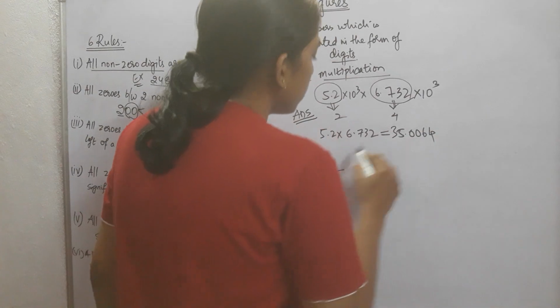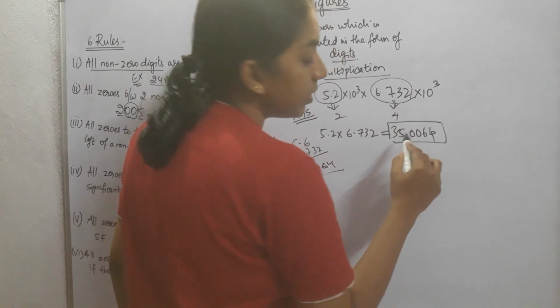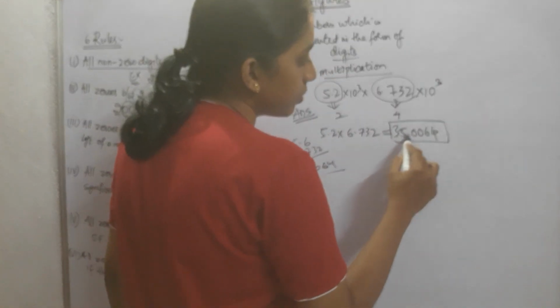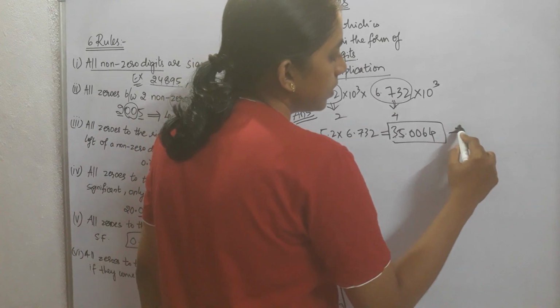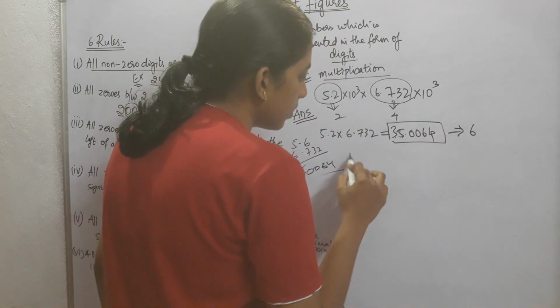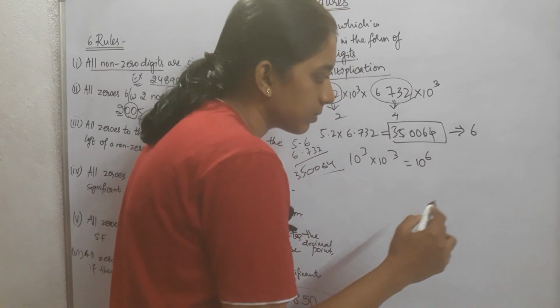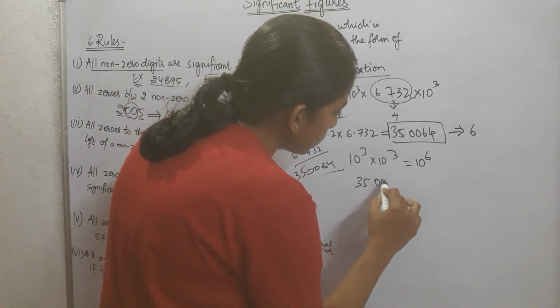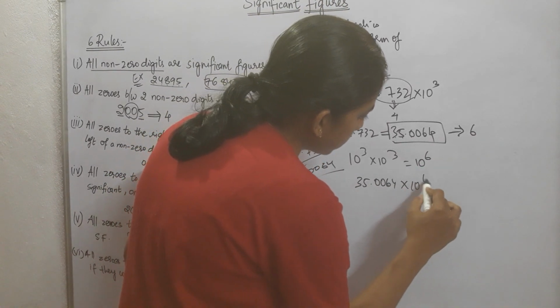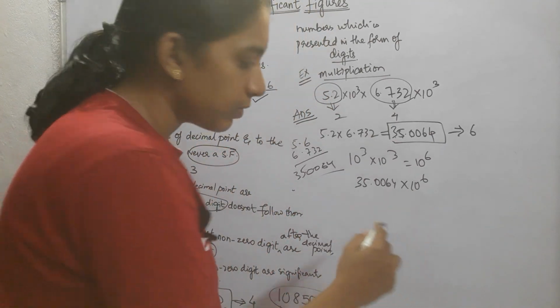So this has how many significant figures? 1, 2, 3, 4, 5, 6. 6 significant figures. Now 10 power 3 into 10 power 3 is 10 power 6. So 35.0064 into 10 power 6 is the answer.